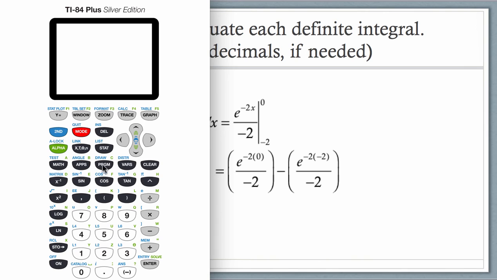So in our graphing calculator here, you can do this all in one step if you want, but I know e to the 0 is just going to be 1. So I have a negative 1/2 here, minus this is going to be e to the positive 4 divided by negative 2.